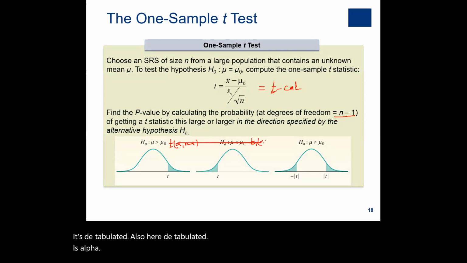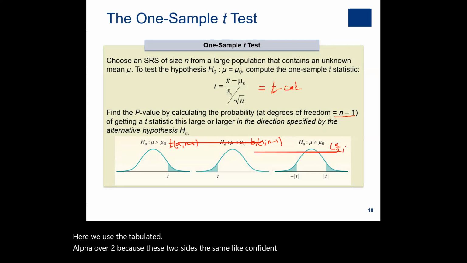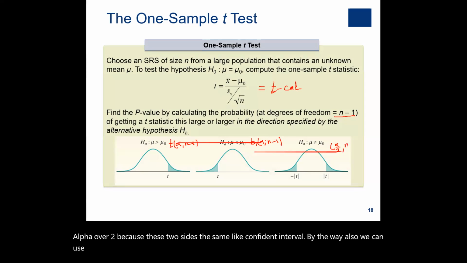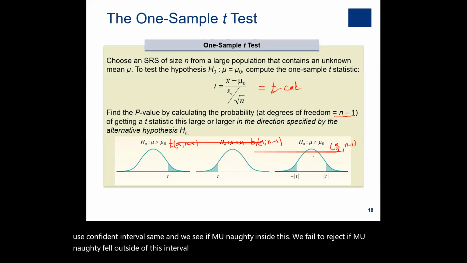Here we use T tabulated at alpha over 2 with n minus 1, because these are two sides, the same as the confidence interval. By the way, you can also use the confidence interval. If mu naught is inside this, we fail to reject. If mu naught falls outside of this interval, then we reject H naught.